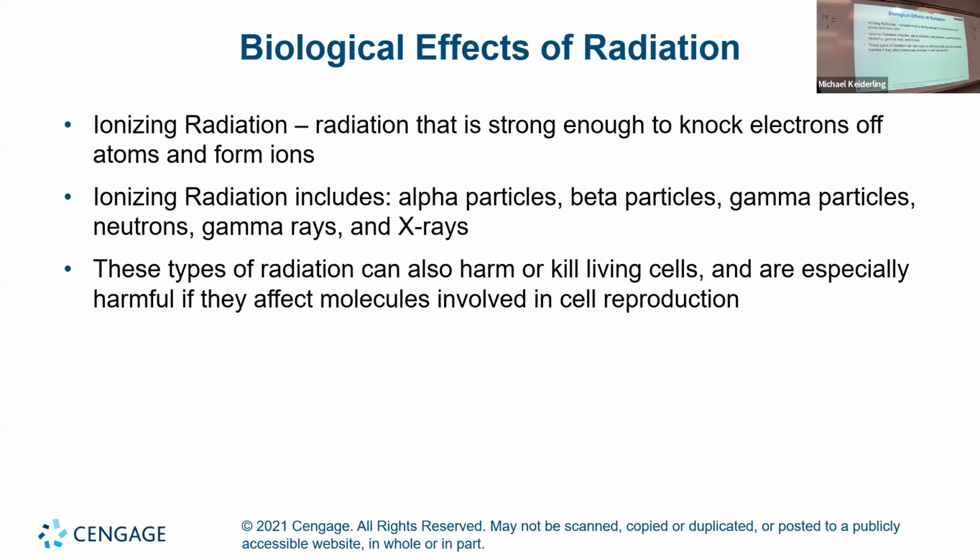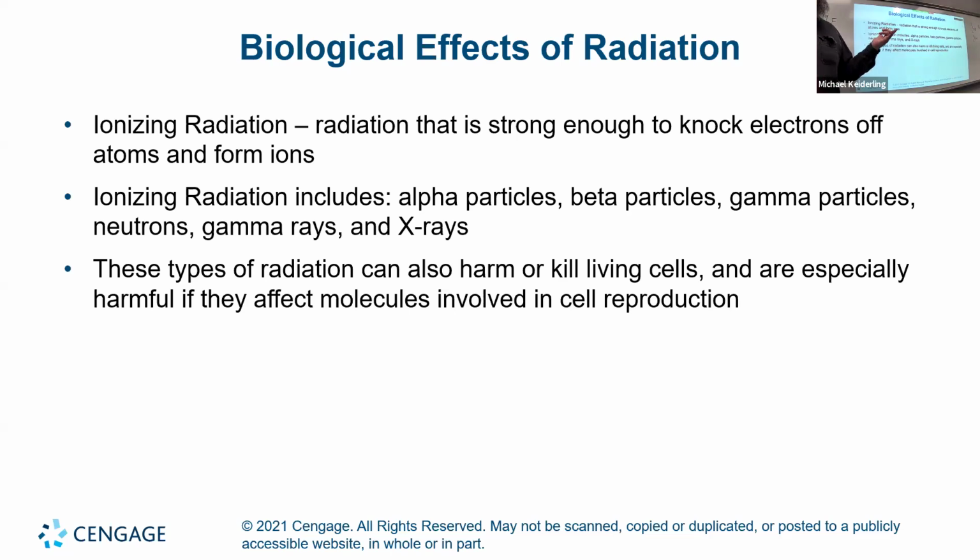Now, radiation has effects on biological stuff. Ionizing radiation is radiation that's strong enough to knock electrons off of atoms and form ions. And this can be bad because it can break molecules or cause reactions you don't want to have happen. So ionizing radiation includes things like alpha particles, beta particles, gamma rays, neutrons, and X-rays.